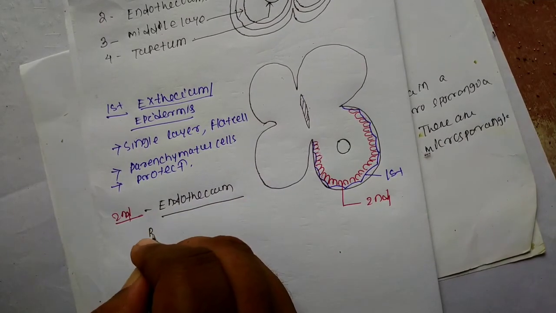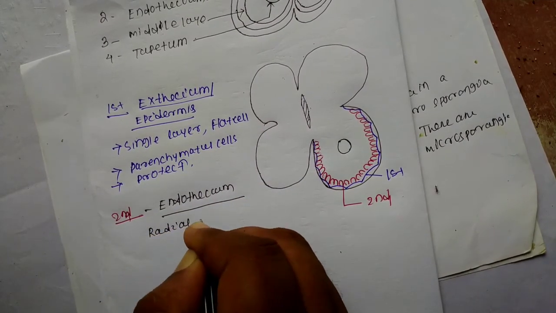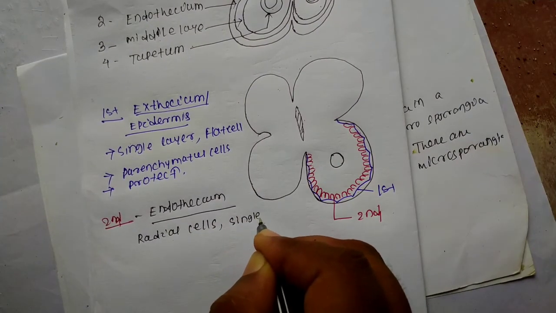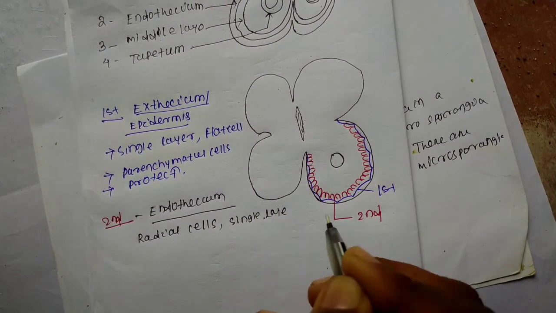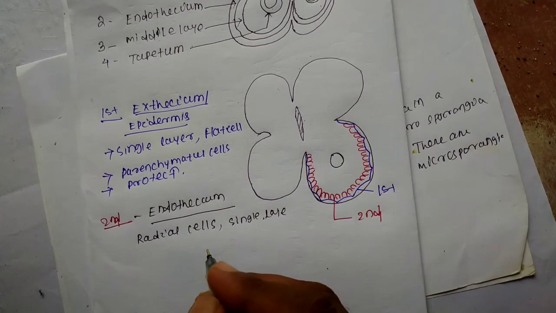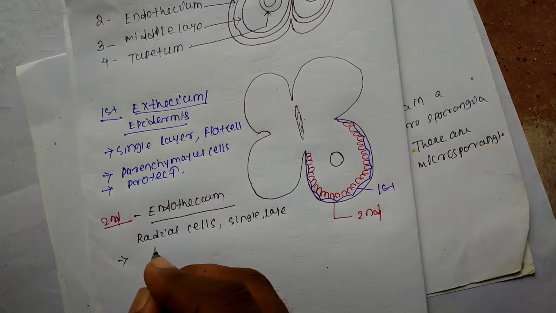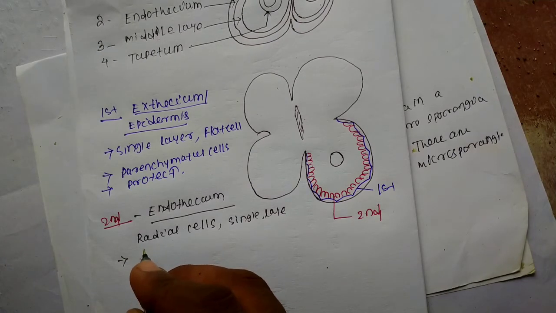It is made of radial cells, also in a single layer, and it is supplied with alpha cellulosic fibrous bands.